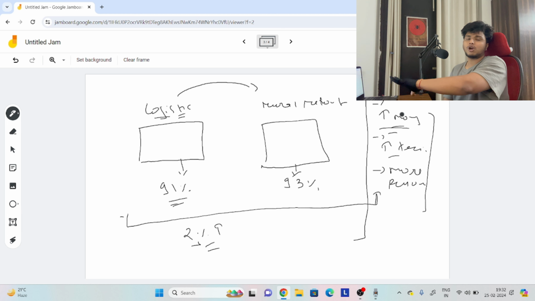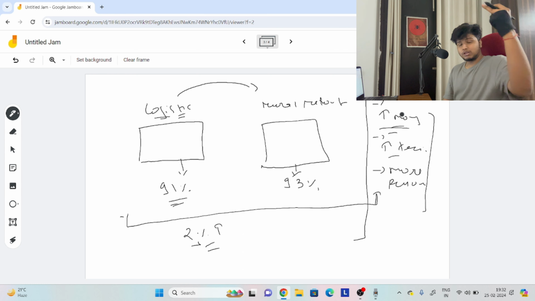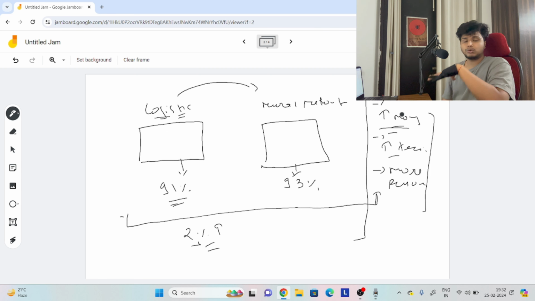Just imagine how much time it will take me to run this application on a less heavy cloud, for example, simple CPUs, if I'm not opting for GPUs. If I opt for GPUs, my app performance would be higher, my customer feedback would be good. So ideally, as a business, I should go for a higher GPU server so that my app will run properly, and the neural network algorithm on these 10 million data points will run properly.